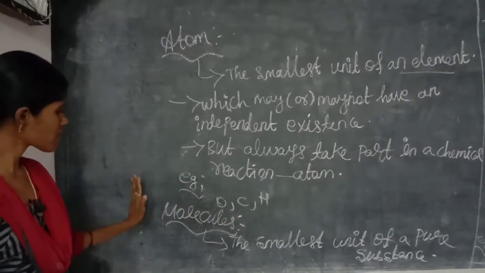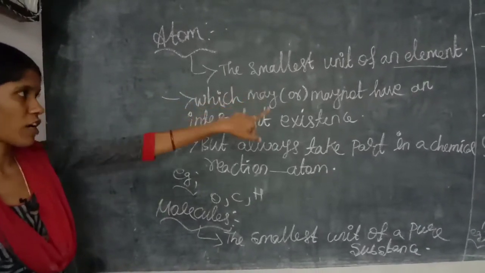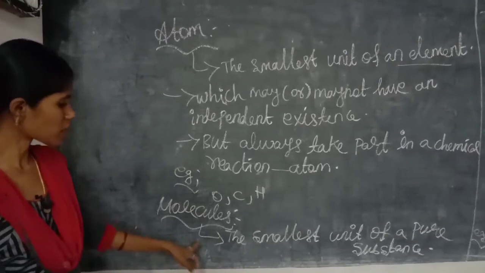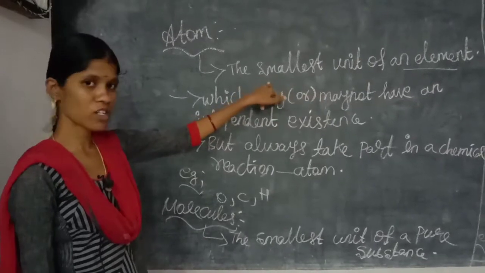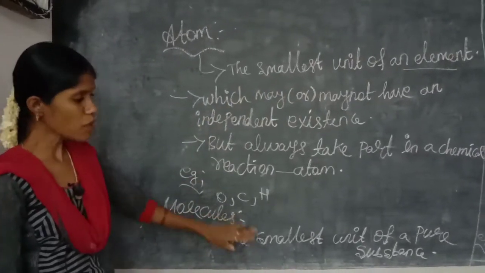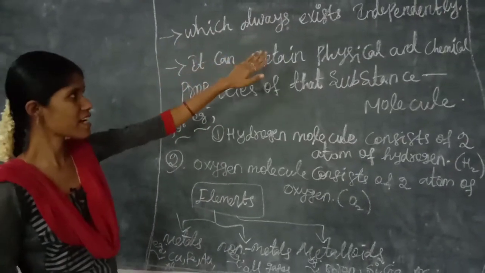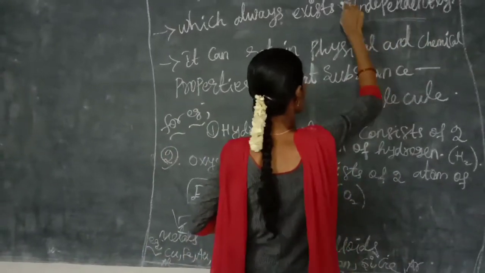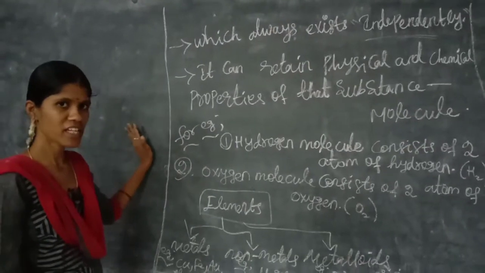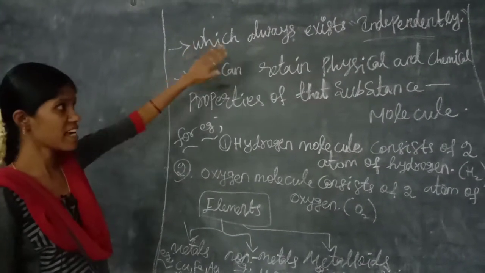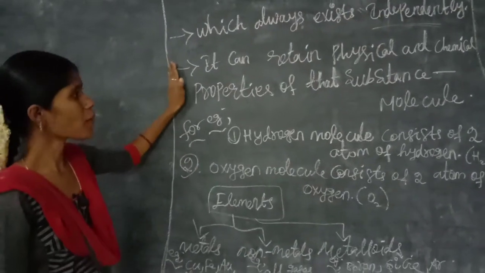The next one is molecules. The atom is the smallest unit of an element, whereas a molecule is the smallest unit of a pure substance. The molecule always exists independently; it does not depend on any other quantity, but an atom will depend on another. A molecule can retain the physical and chemical properties of that substance.